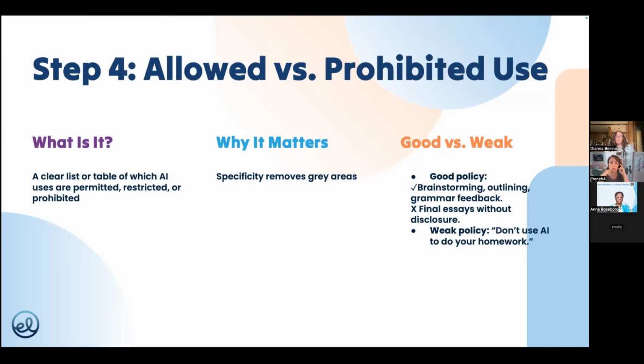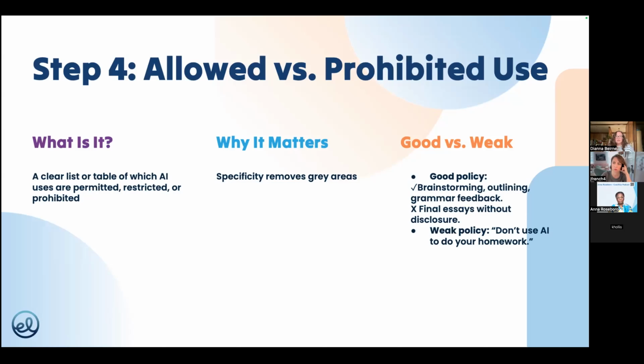What this is essentially is a clear list, or you could do a table, of which AI uses are permitted, restricted, or prohibited, and it can be broken down by task type. You can get as narrow as you can on this one. And again, it depends on the situation that you're in and who you're writing the policy for. So this matters because it specifically removes gray area.